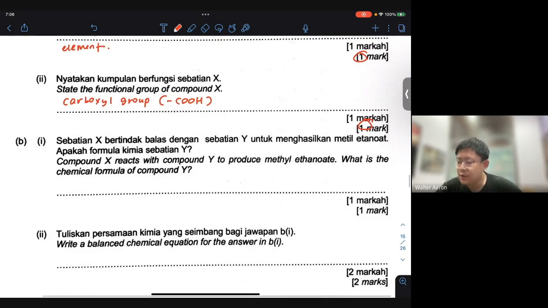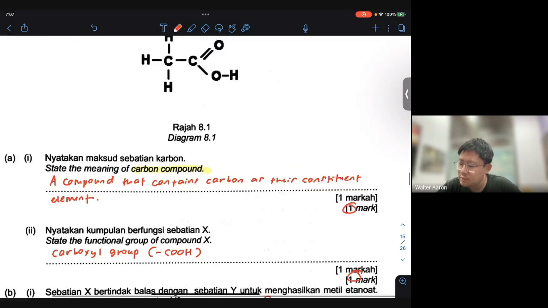Compound X reacts with compound Y to produce methyl ethanoate. What is the chemical formula of compound Y? So since the name of the alcohol comes first, methyl represents a 1 carbon atom alcohol. Wait, this is X or Y?